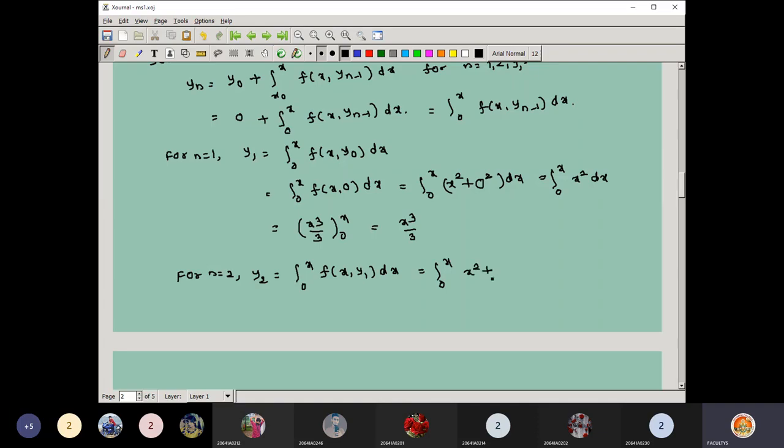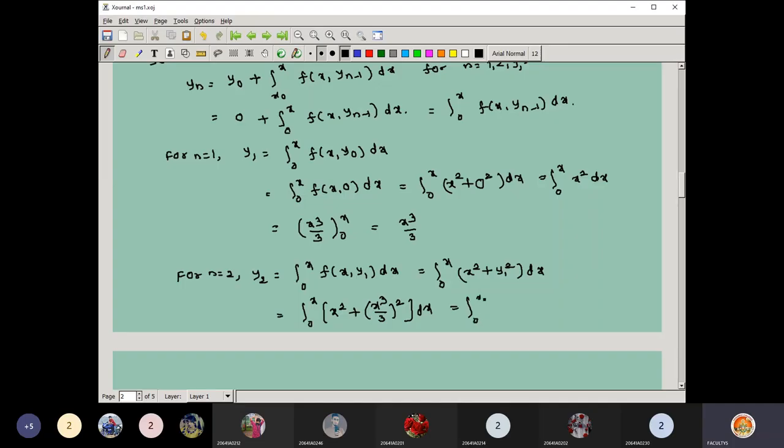It is x square plus y square, that means y1 square, dx. So I'm substituting there x square plus y1, already we have calculated, its value is x cube by 3 and square is there, so overall dx.